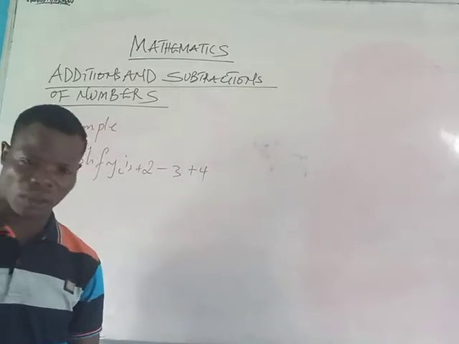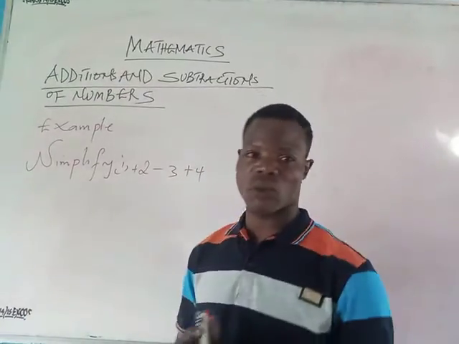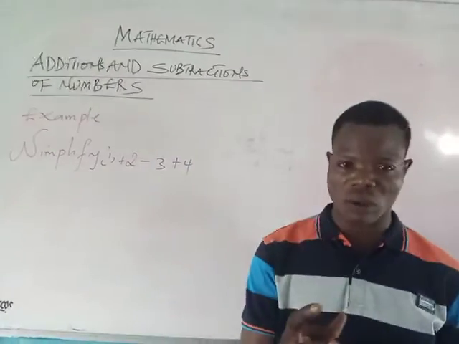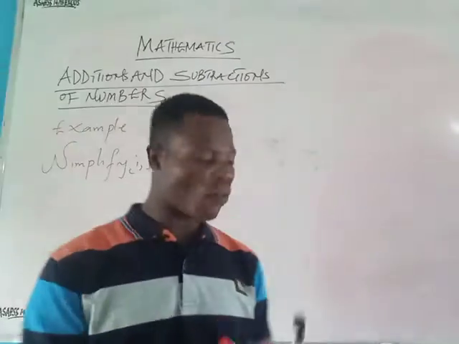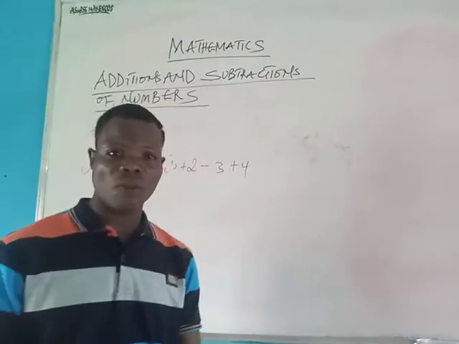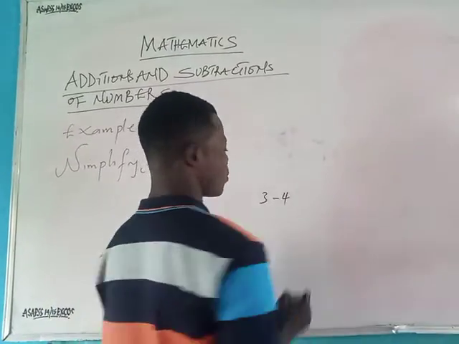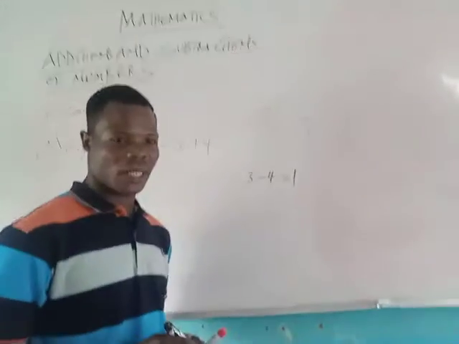Many students find this difficult in their secondary school stage, and that is why they find mathematics so difficult to tackle. Imagine if you ask some students, what is 3 minus 4? They will say the answer is equal to 1.